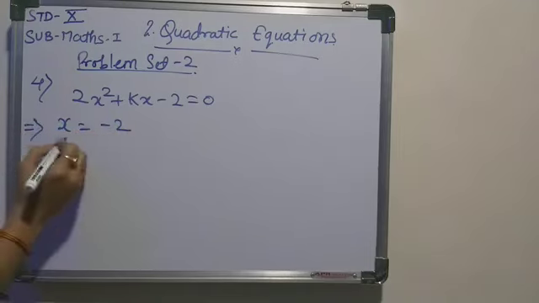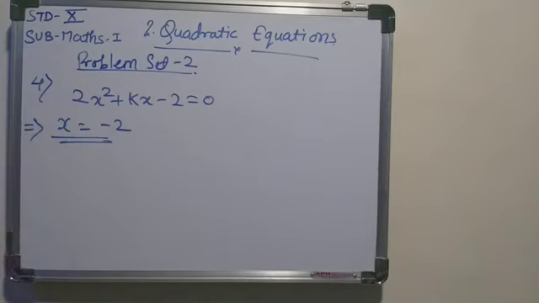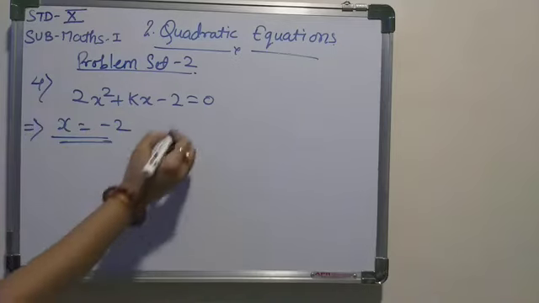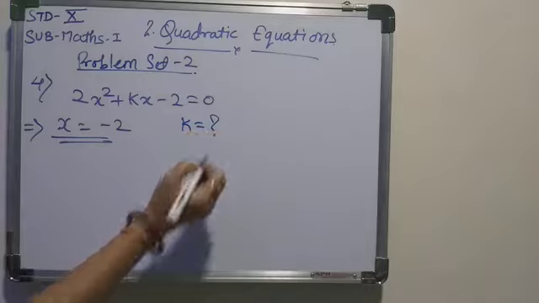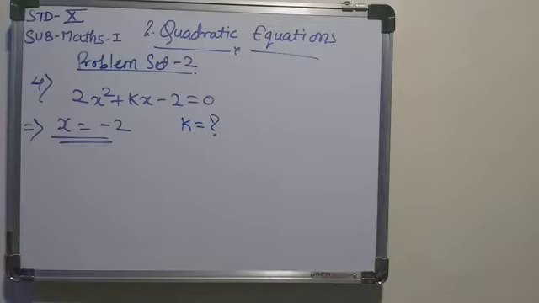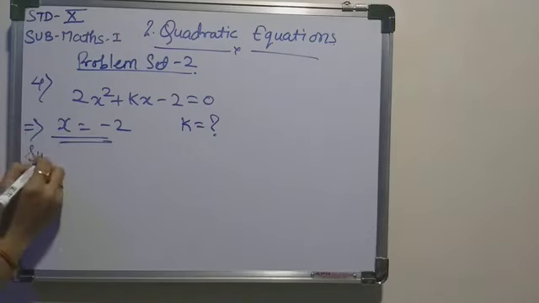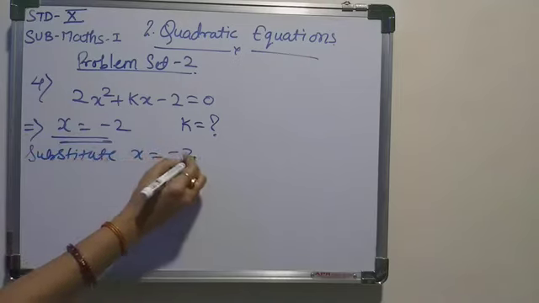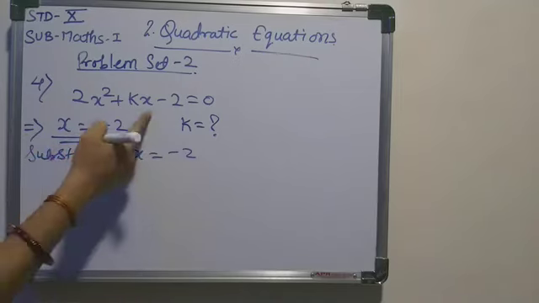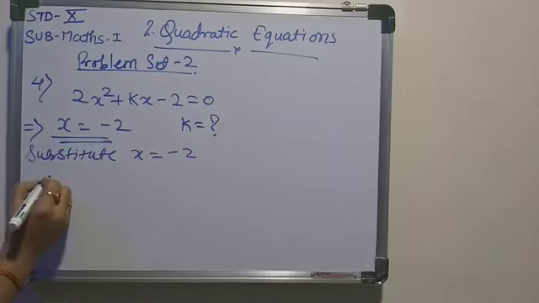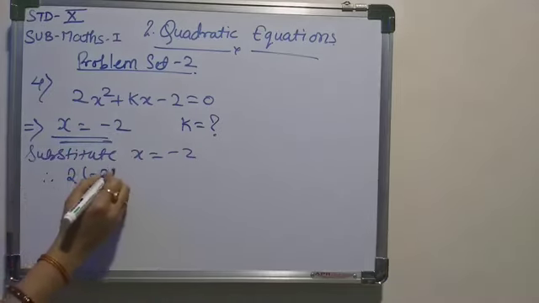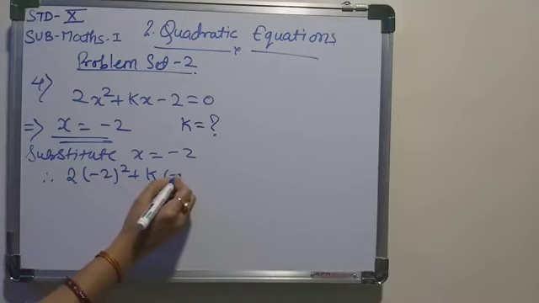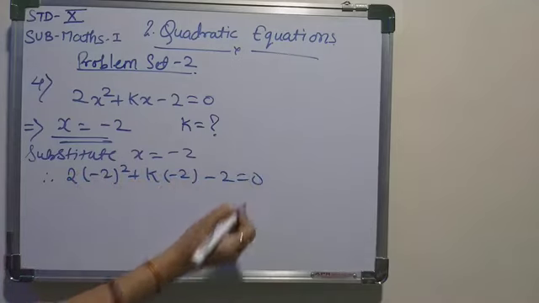We have to find the value of k. So what we are going to do is replace x with minus 2. Substitute x equals minus 2 in the given quadratic equation. So you will get 2 into minus 2 whole square plus k into minus 2, minus 2 equals 0.